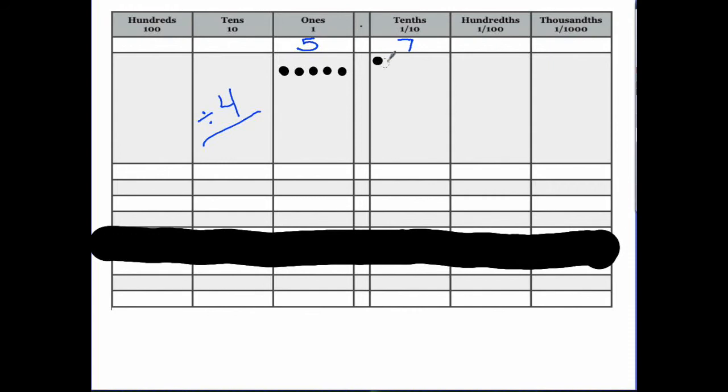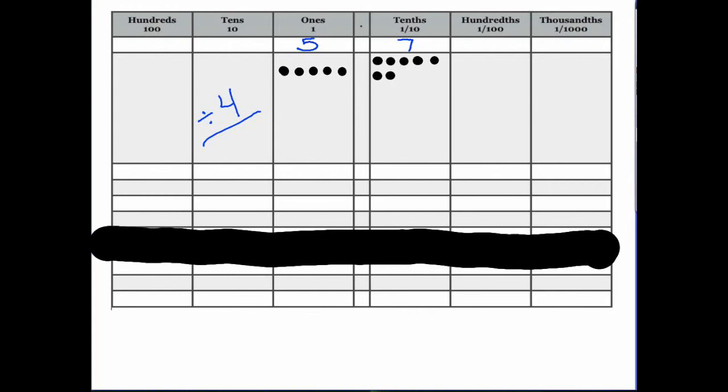Seven. Now remember, I like to do 5 in each row. That helps me. 1 in each row probably wouldn't work because you would be using the whole paper. But whatever works for you.